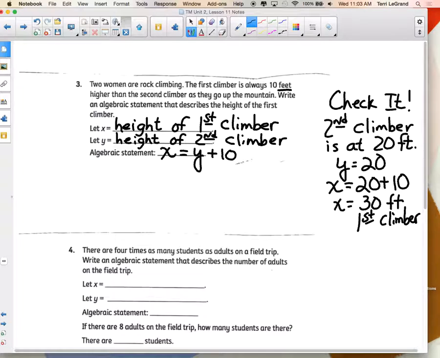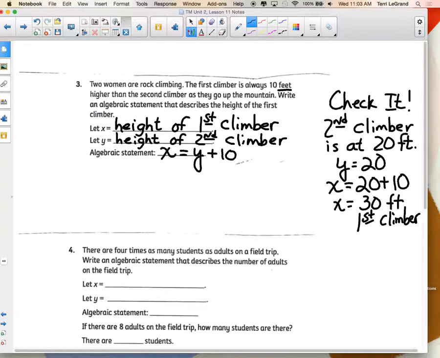Did our equation get us a good answer? Because remember, what did it say? Yeah, the first climber, how high up are they? And they're supposed to be how, compared to the second climber, what are they supposed to be? 10 feet. 10 feet what? Higher. Is 30 10 feet higher than 20? Yes. So we have a good equation.